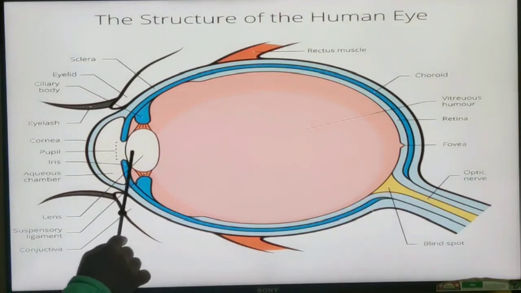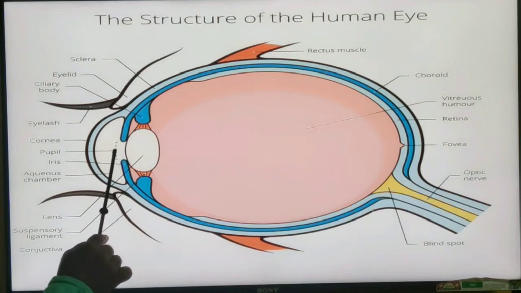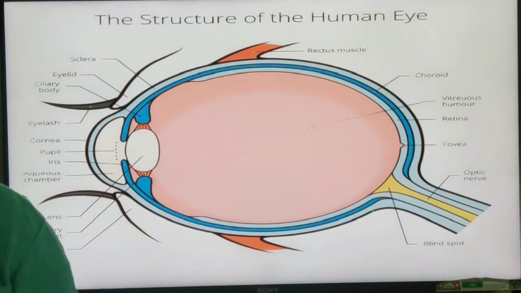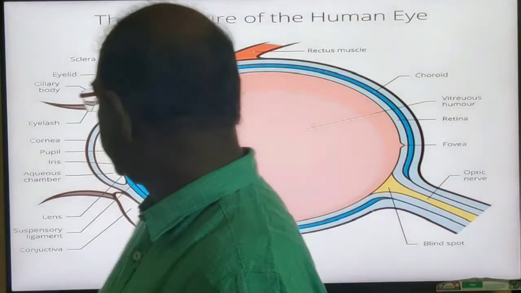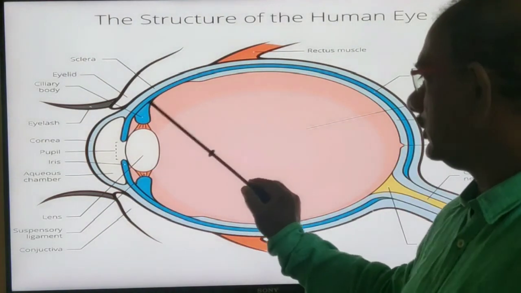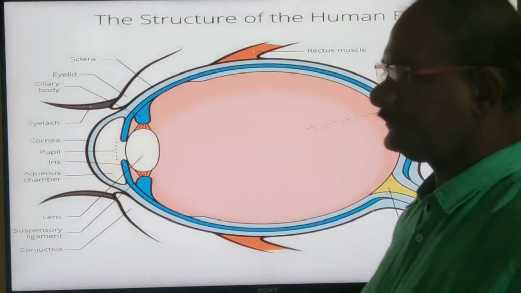Inside it the pupil is present, covered by the cornea, and the pupil is controlled with the help of sphincter and dilator muscles. So in this way, that is the middle coat of the eye.